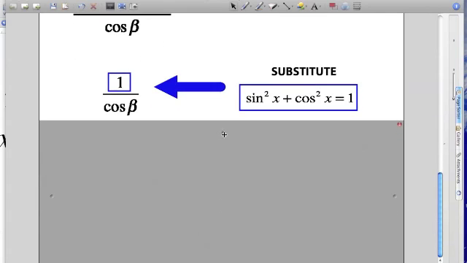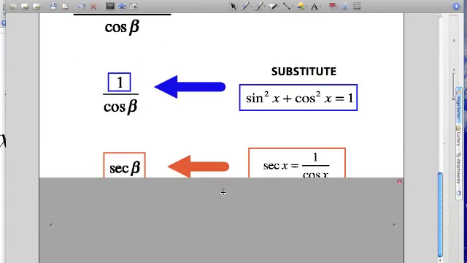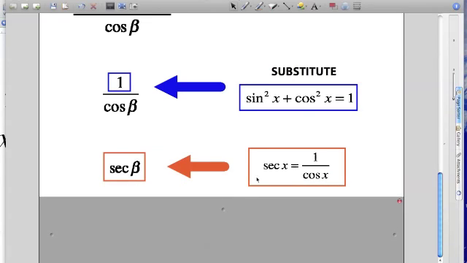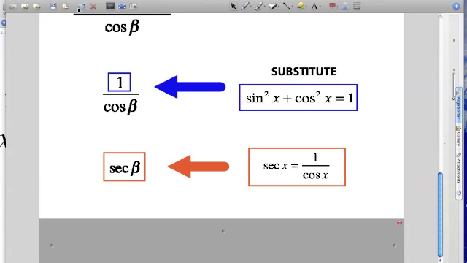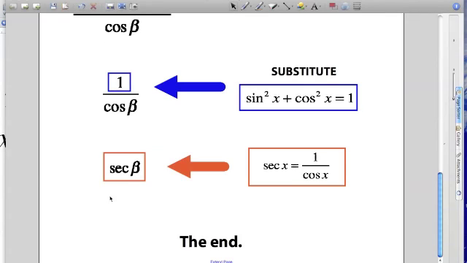And to finish off the problem, we know that 1 over cosine is exactly secant of x. So we took this whole fraction and replaced it with secant of beta. And that is my goal. That was what we were trying to do with simplifying a trigonometric expression.